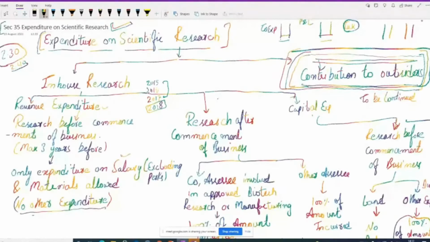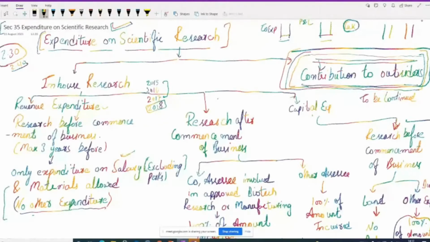In case of revenue, you can only take salary, and from salary you have to exclude perks. You know what is perk, we have already discussed in case of salary, perquisites means benefits. So you have to exclude perks from salary and material.